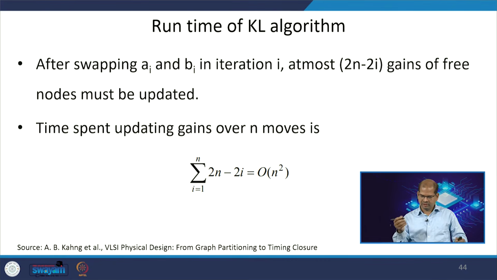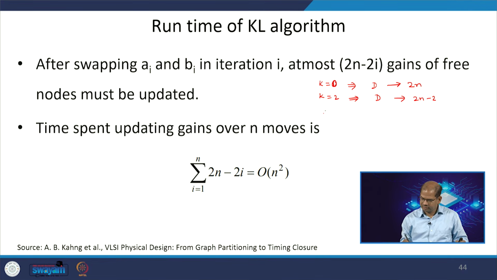In the first iteration, k equal to 1, I have to evaluate D 2n times. For k equal to 2, D is evaluated 2n minus 2 times.